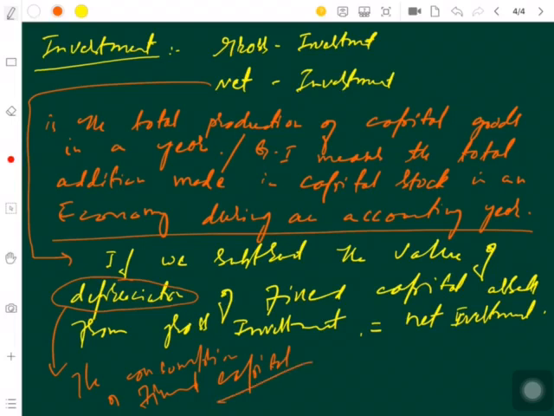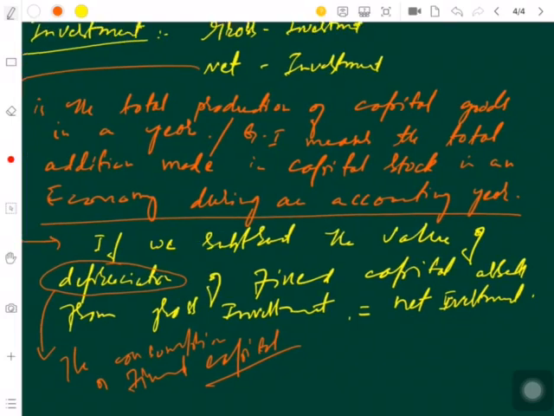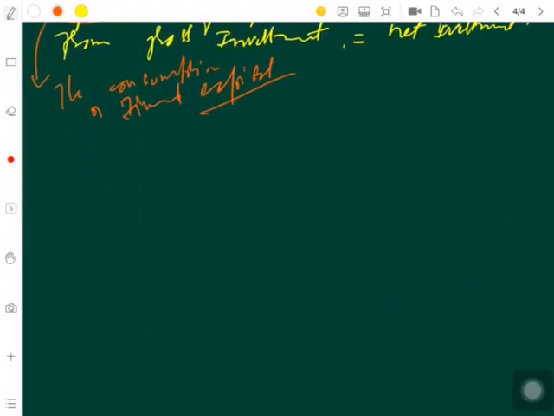So after understanding gross investment and net investment, we come upon this very word depreciation, and we will require to define it very properly. It's a very important term which you will be using time and again.